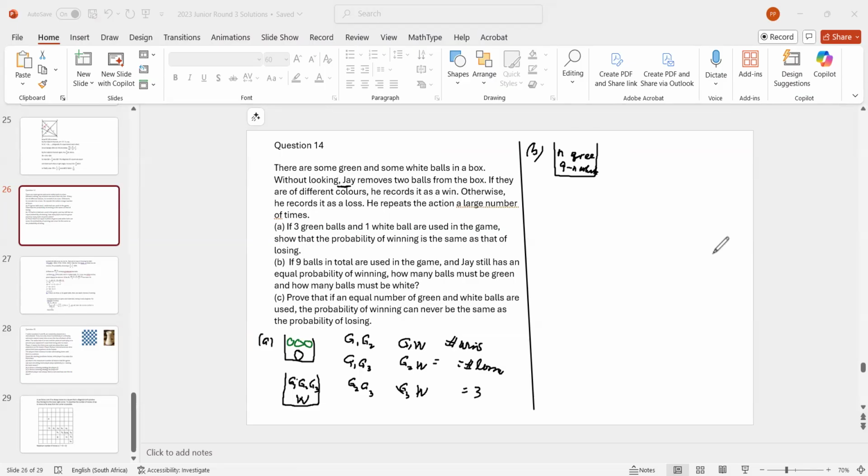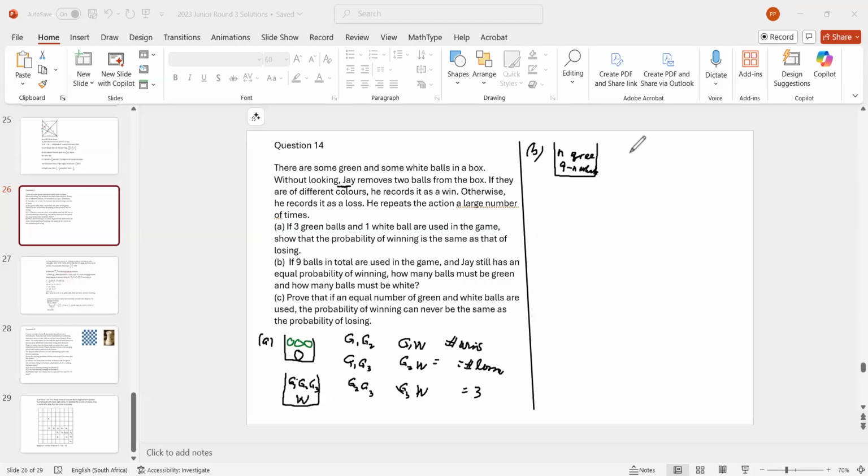Okay. Now what is the probability of winning in a case like this? You know that the probability of winning is the same as that of losing. So we'll have to work out the probability of winning, which is the same as the probability of losing. So you got 9 altogether.